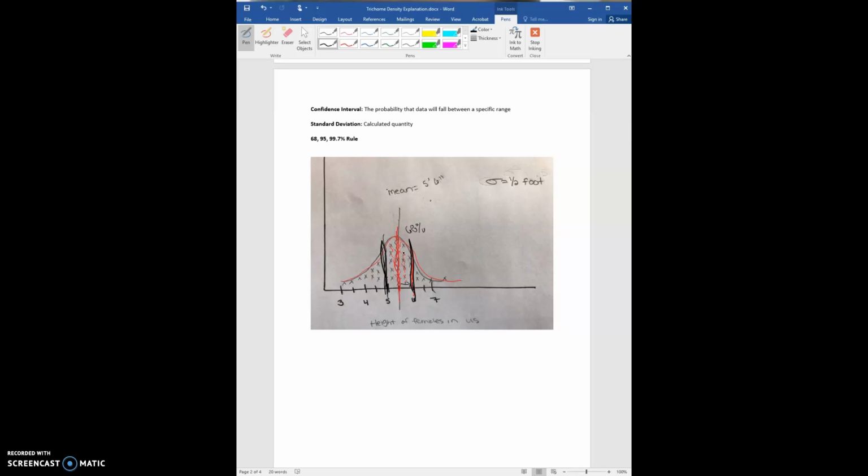If we go out a second confidence interval, let me do green, our second confidence interval, we would say that 95% of the females are going to fall within that range. If you were to walk down the street and find the height of a random female in the United States, there's a 95% chance that she would fall somewhere under this entire curve.